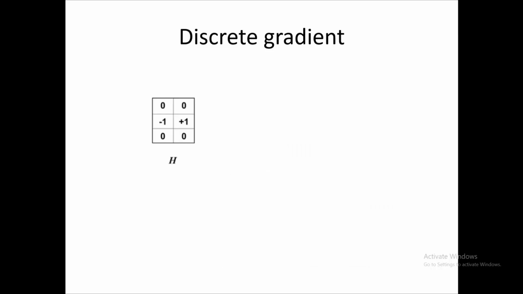And let's talk about the discrete gradient. So far we have discussed that when we take the derivative along the x-axis, we take two neighboring pixels, and this operator operates on the current pixel and its previous pixel, or its preceding pixel.